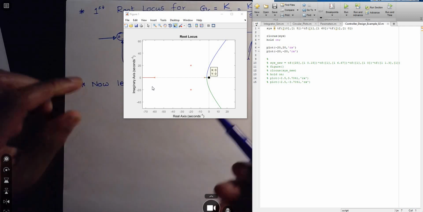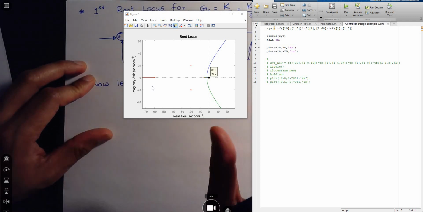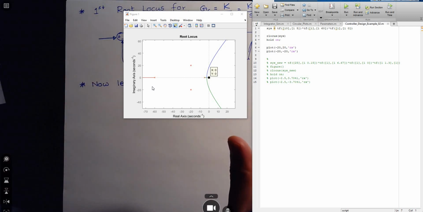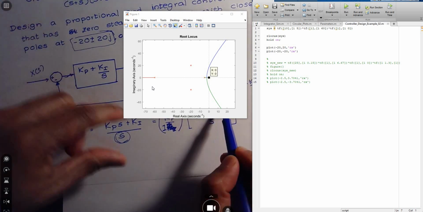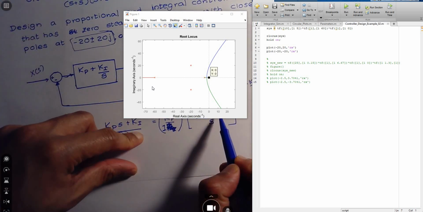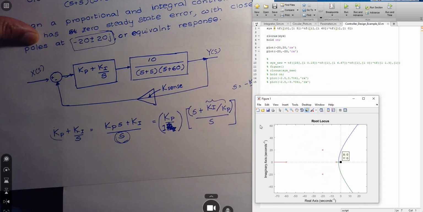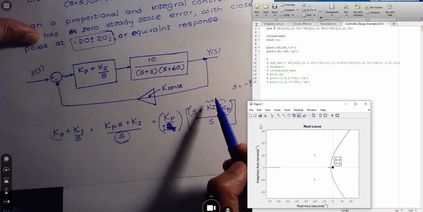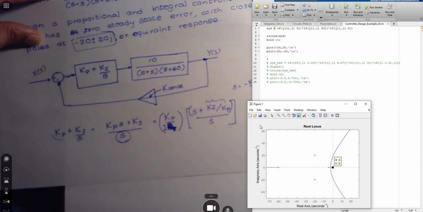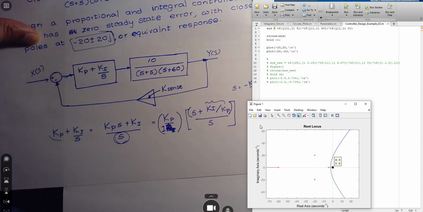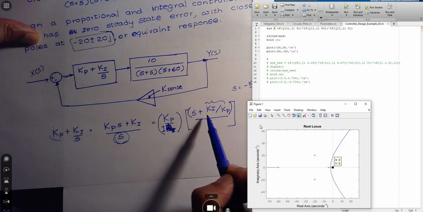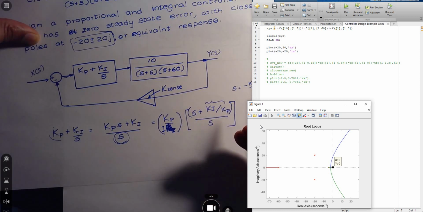But keep in mind, we still have something in our hands that we can use, which is our 0 here. So we have a 0 that we can use to our advantage. We know that zeros contribute positive angle to our root locus.